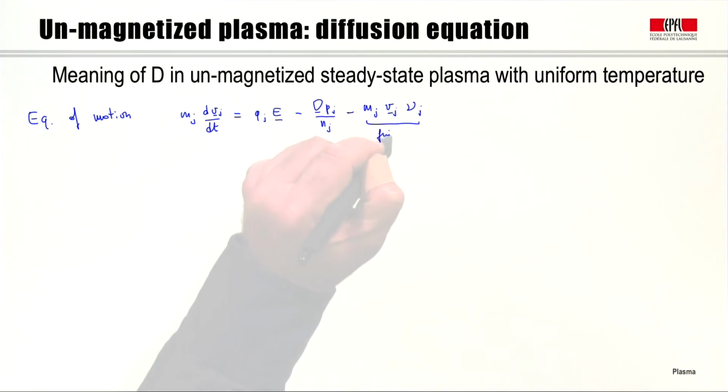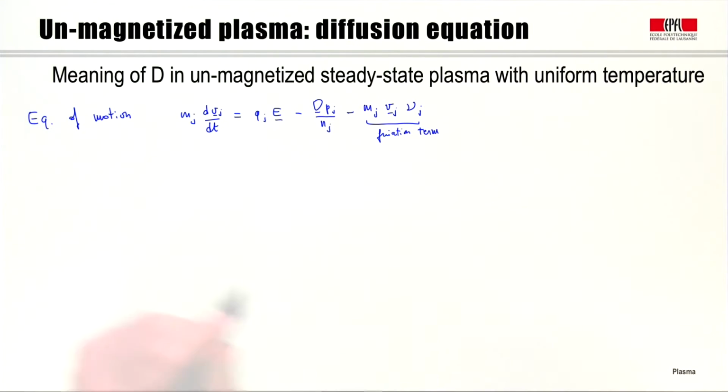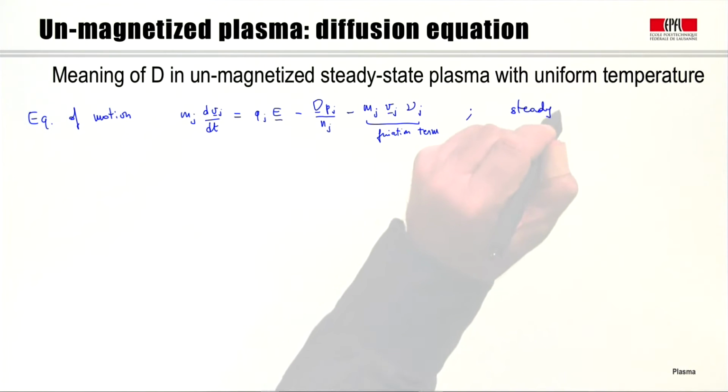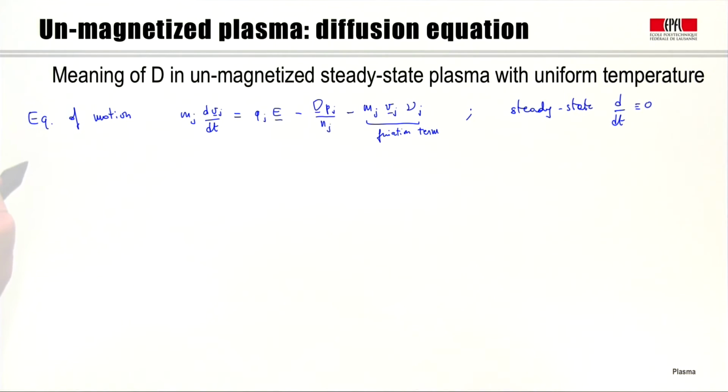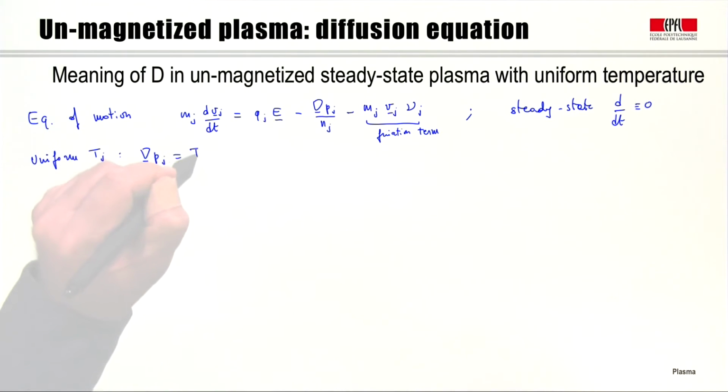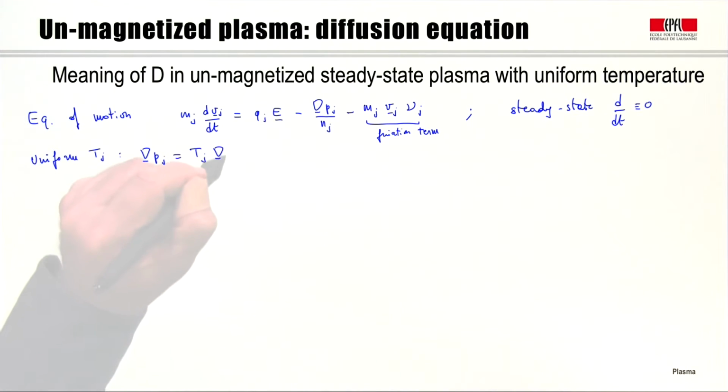So this is my friction term. I impose steady state, so no time derivatives. I consider uniform temperature for any species. So that means that the gradient of P is simply the temperature times the gradient of the density.